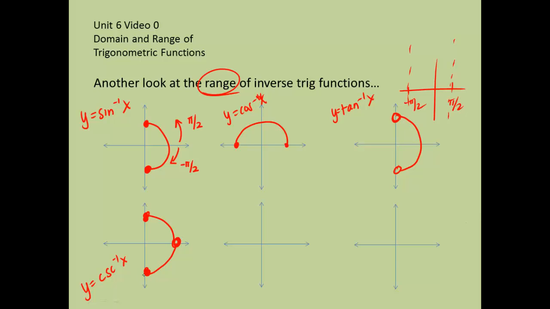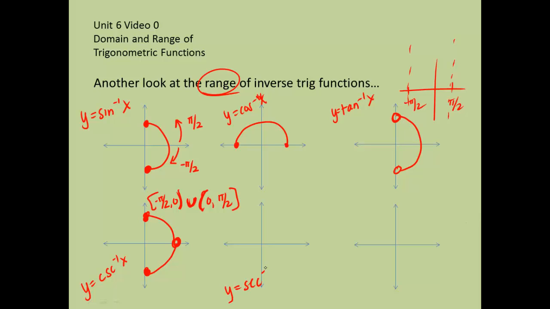So it does go from positive pi over 2 to negative pi over 2, and it skips 0. And that's why on the previous screen I had that union between the two marks. So it went from negative pi over 2 to 0, and then again from 0 to positive pi over 2. These soft brackets and the union say that this value is not included.